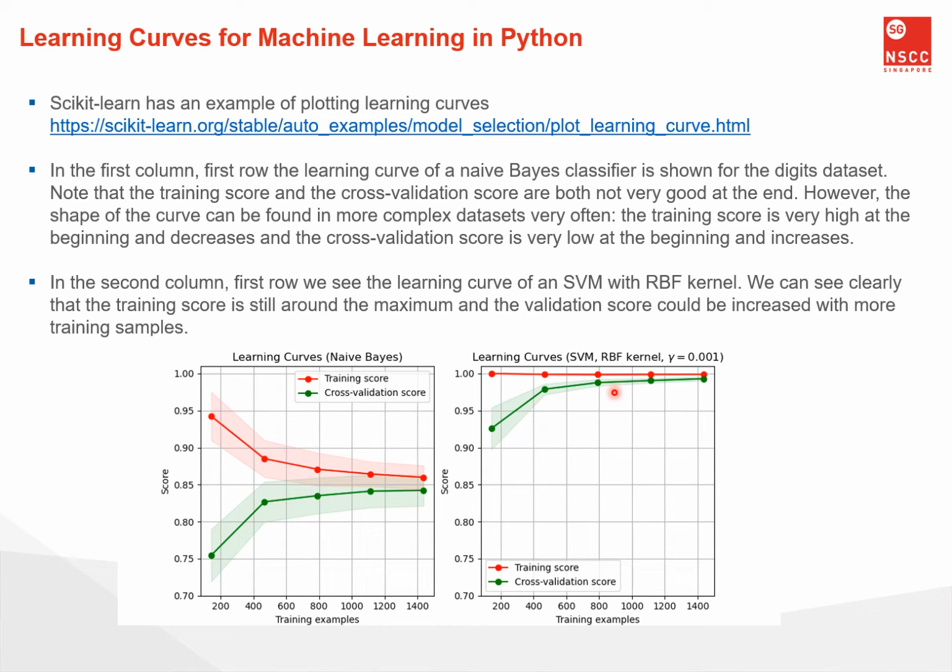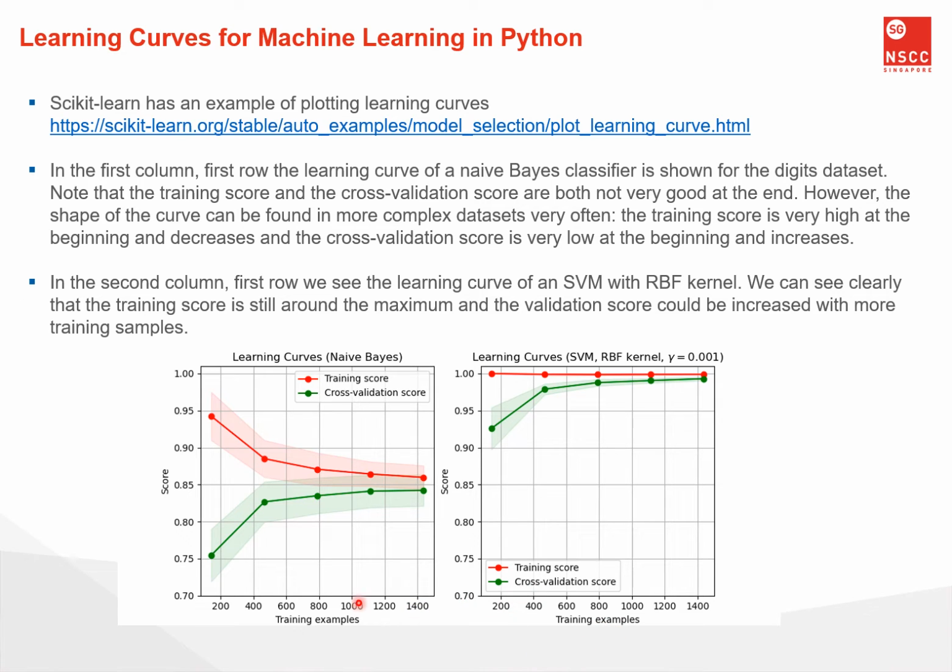So it sort of reached a saturation point, right? There's no more improvement. So providing more training examples for the second algorithm is not likely to improve the performance very much. Whereas for the first example, maybe there's still a gap and they would approach each other even more if you increase the number of samples.